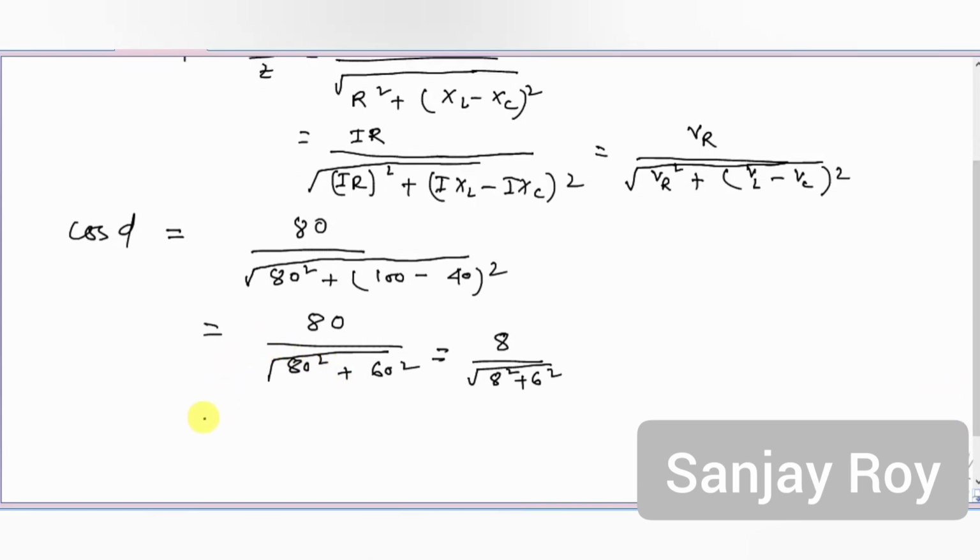Cos phi equals 8 by root of 64 plus 36, that is 100, root of which is 10. So 8 by 10, and cos phi is 0.8. Therefore the power factor of the given circuit is 0.8.